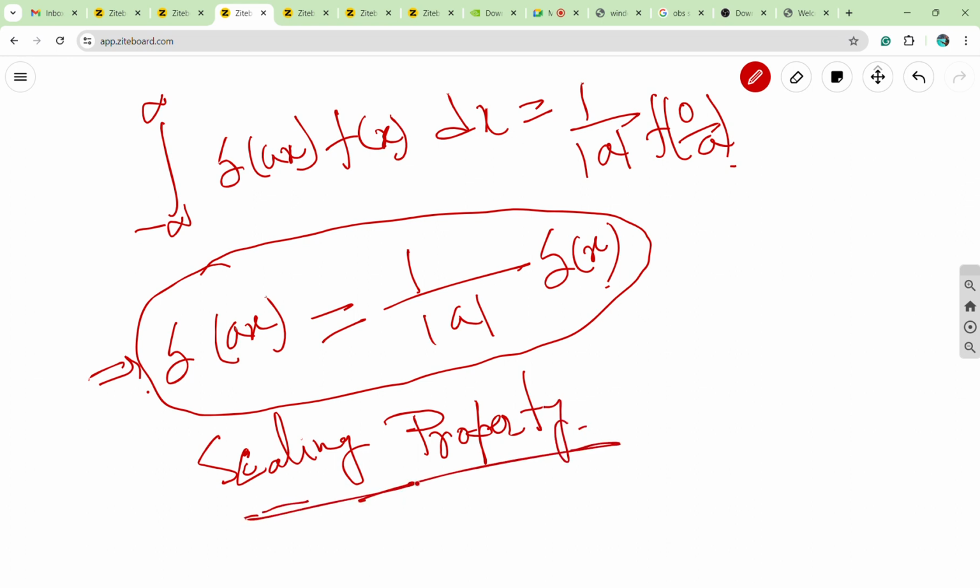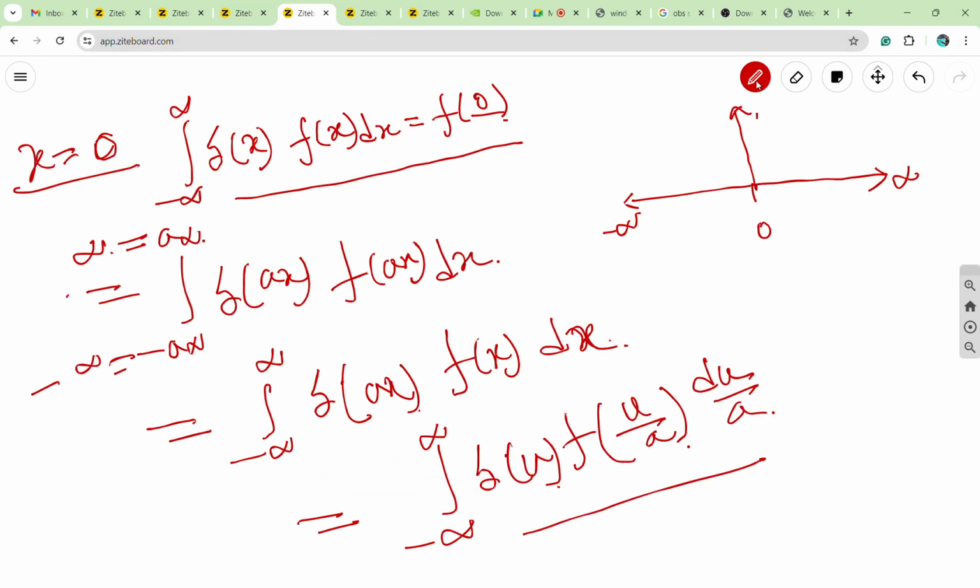Actually, what is the visualization of this particular delta function? That is more important than anything else. I'll just give you the visualization here. What is the delta function? Delta of x is 1 for x equals 0 plus to 0 minus, a small vicinity.